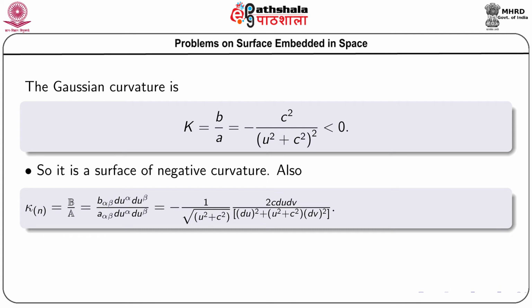The expression is coming like this: in the numerator, minus 1 by root over u square plus c square times 2 c du dv, and in the denominator we are getting du square plus u square plus c square dv square. So, this is the expression for normal curvature.